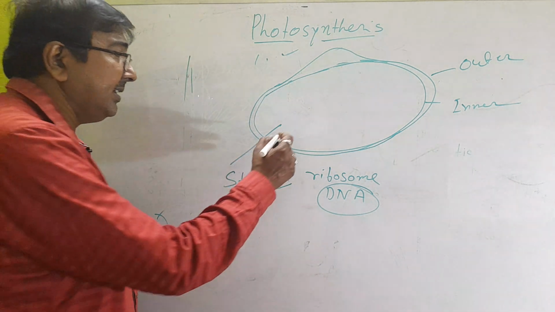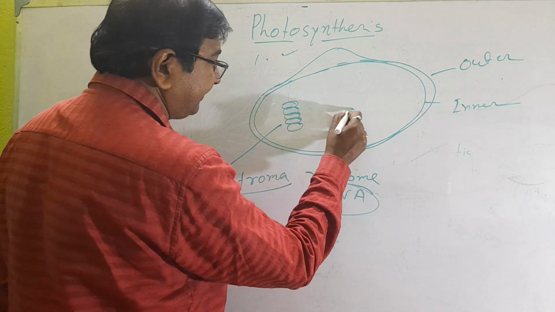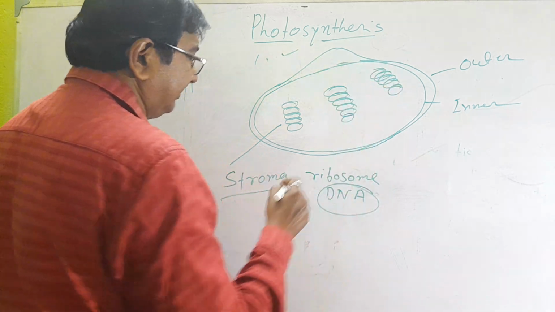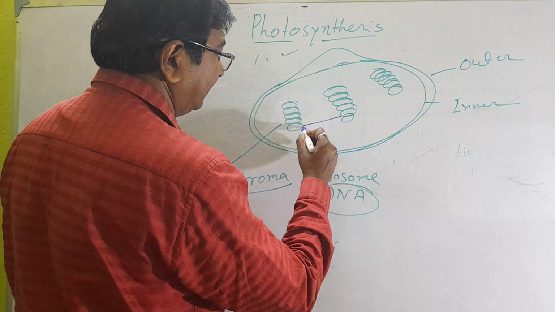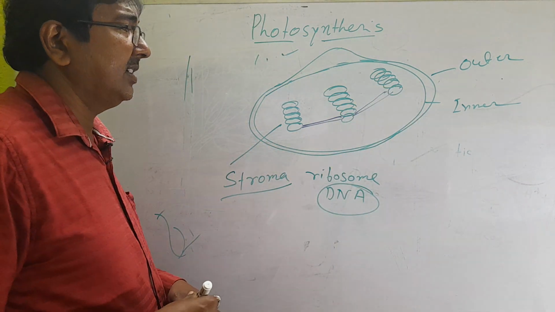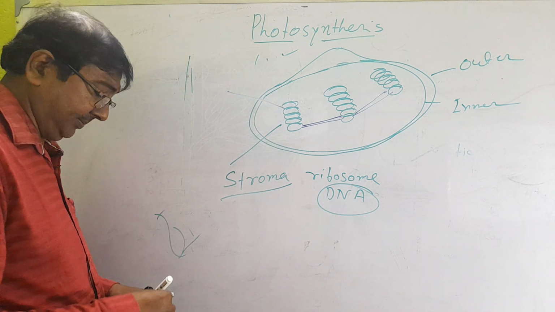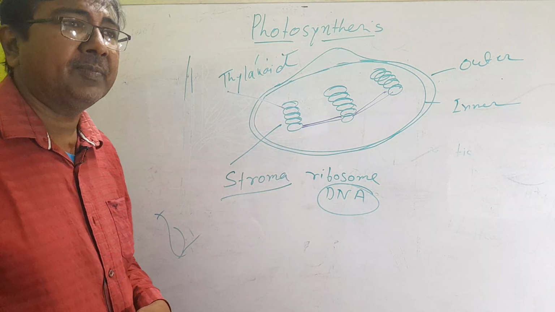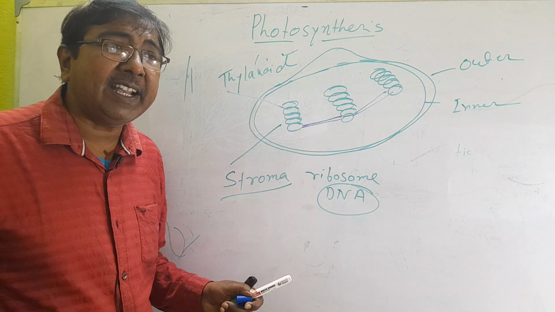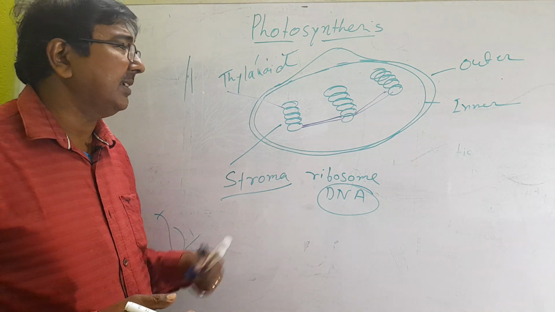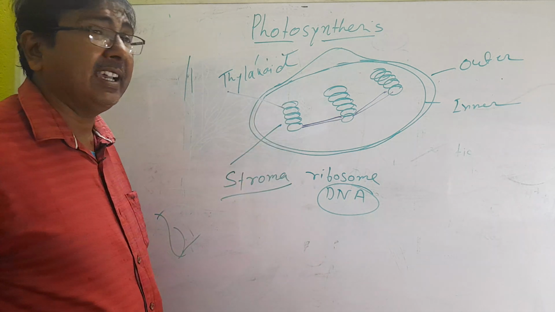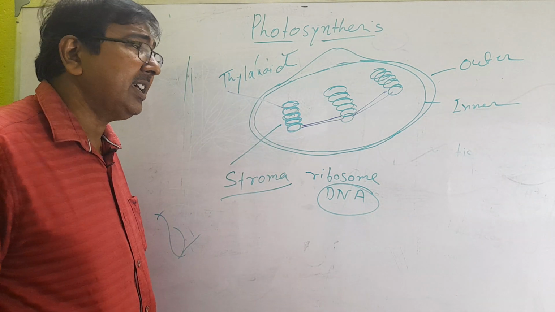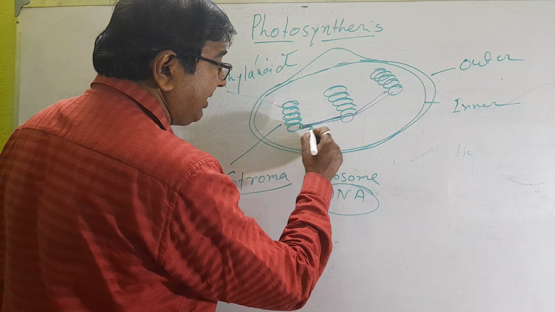Then another important thing is there. These are thylakoids. Thylakoids are flattened, membrane-bound, sac-like structures. Each coin-like stack is called a granum, and two grana are attached by a lamella, called the granum lamellae.